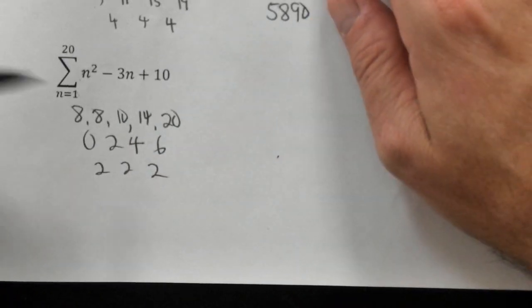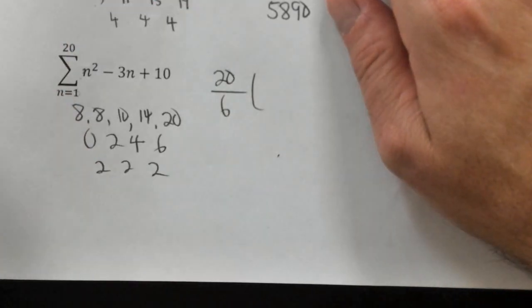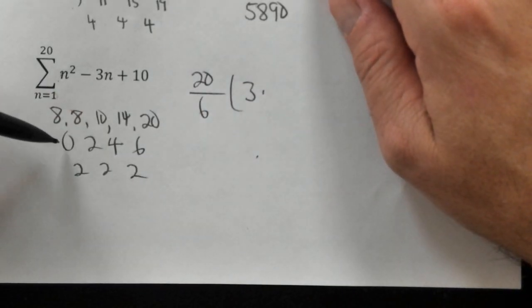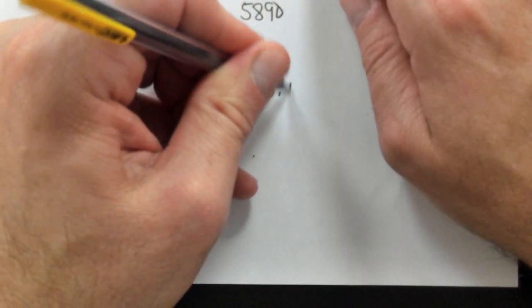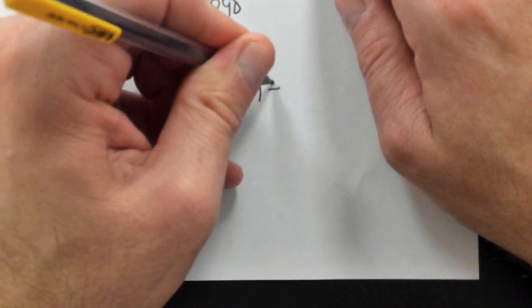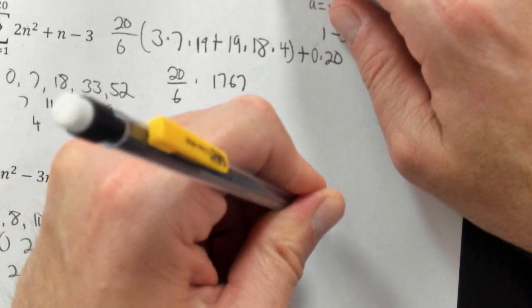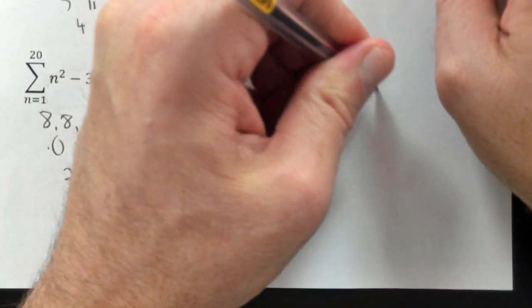Okay, let's plug in. It's going to be number of terms, 20 over 6. My first number is 3 times this first difference, which is 0, times n minus 1, which is 19, plus n minus 1, which is 19, times n minus 2, which is 18, times c, which in this case, constant difference, is 2.